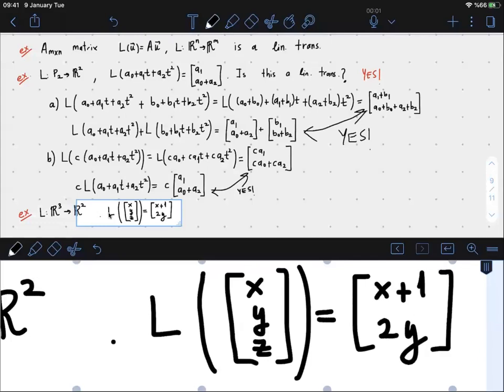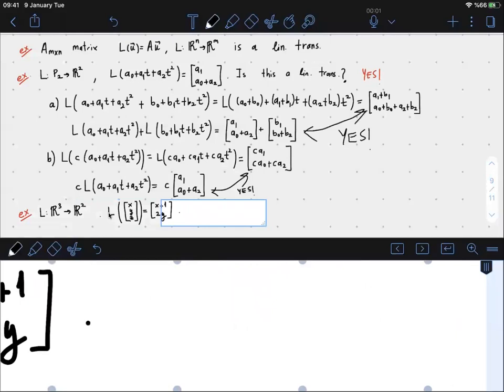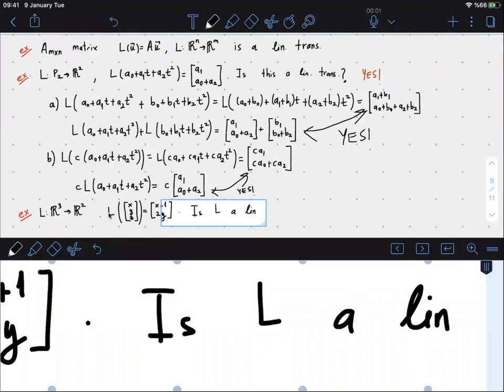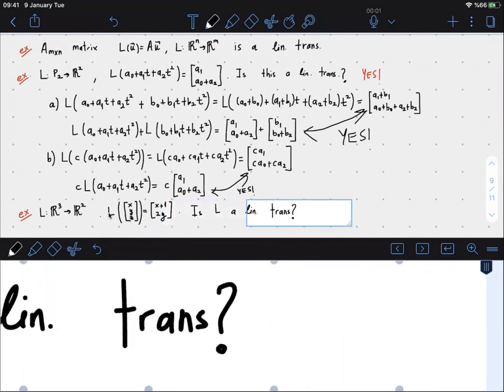Question is the same. Is L a linear transformation?